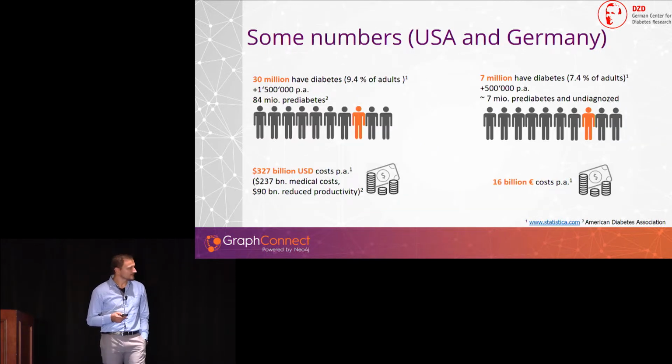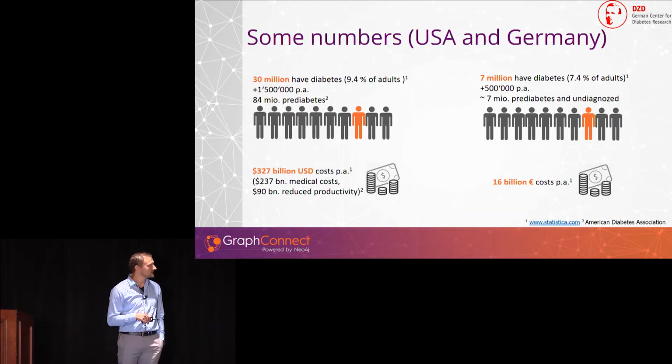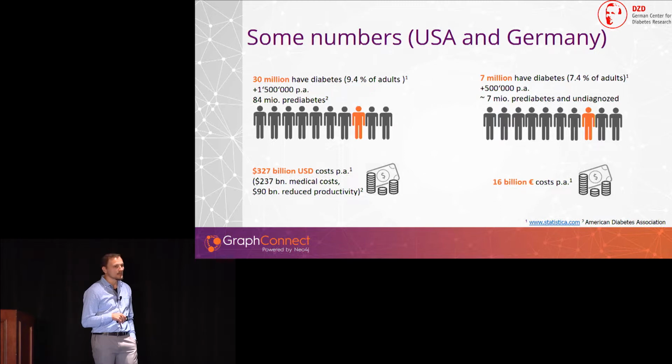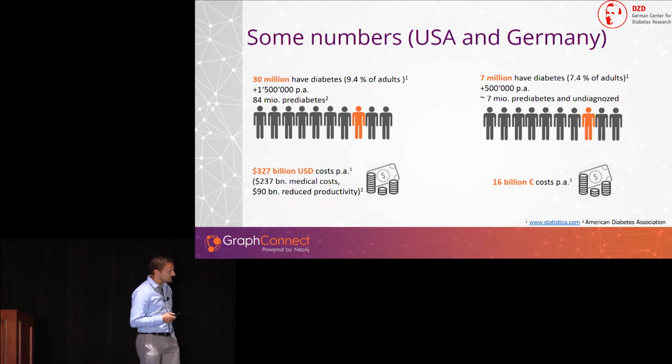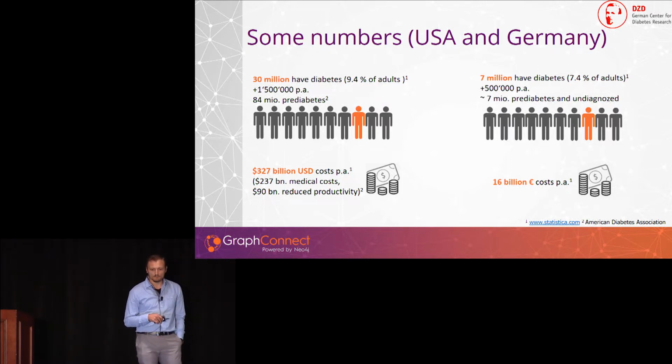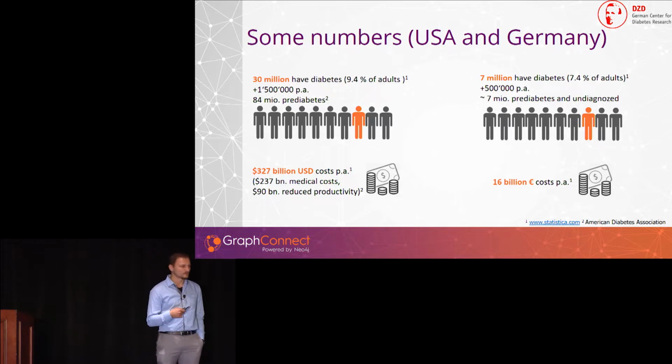When we go to the US, just to have some numbers, 30 million are diabetes patients in the US. Every year 1.5 million are added. We have 85 million pre-diabetes patients. And when we look at this number down there, we have $90 billion per year that come from the reduced productivity of the people suffering from it.